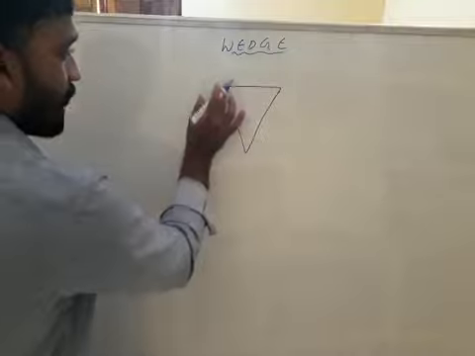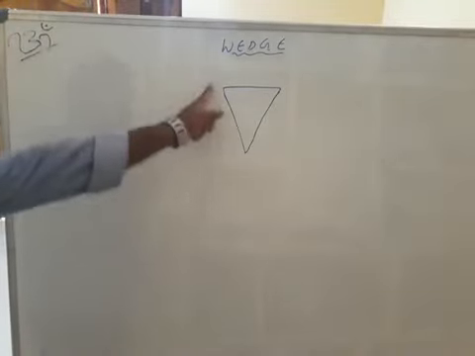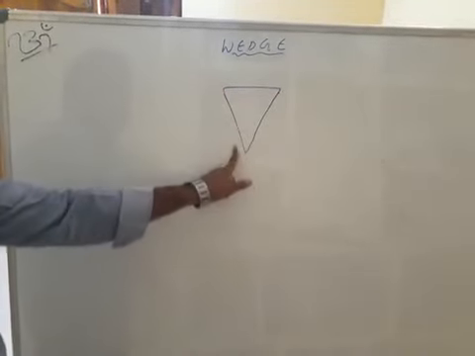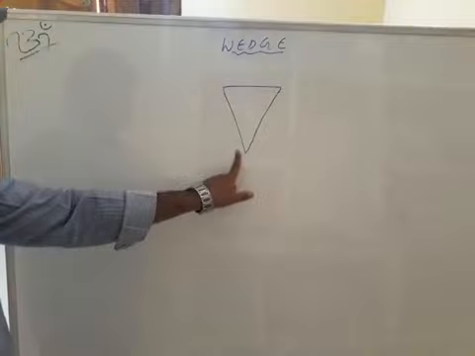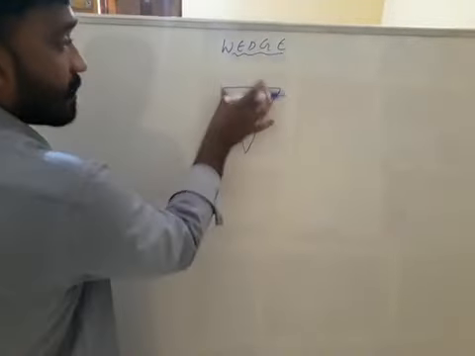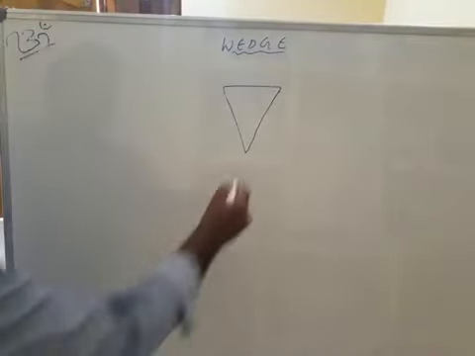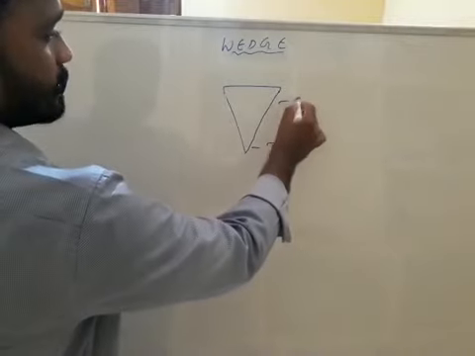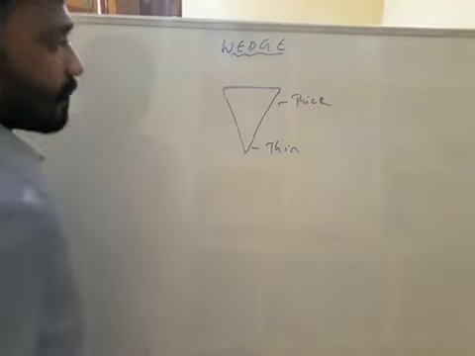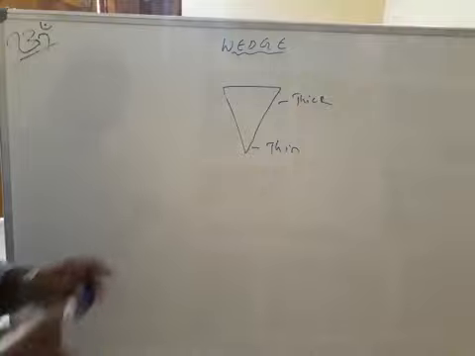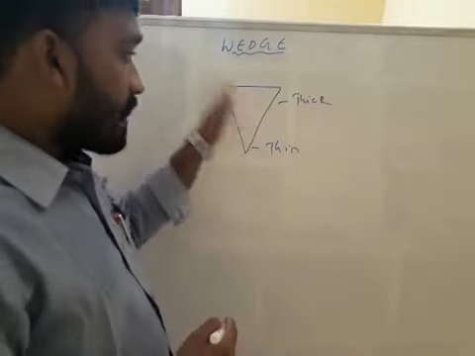You see how many inclined planes are there? Two inclined planes, here one, here one. And one end is thin, another end is thick. This is the thin part and this is the thick part.